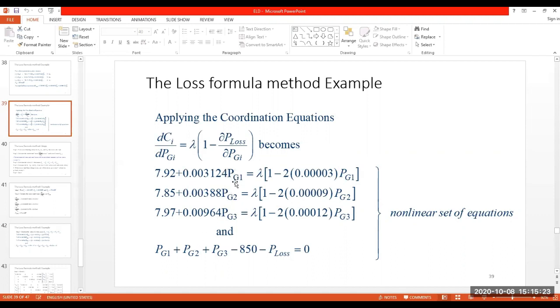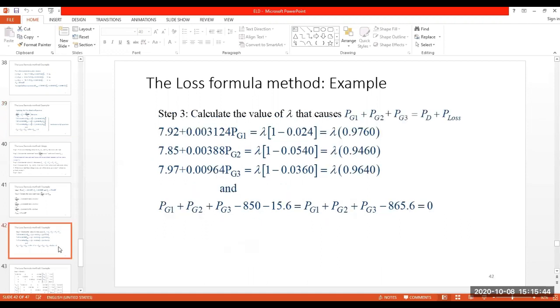Is that clear? Simply you can write PGi of I plus 1. If I is the iteration number, then on the right it should be PG1 at I. So PG values at the ith iteration will be put here, and PG values for the I plus 1th, the next iteration, will be obtained after solving these 4. So let's see how it is done.